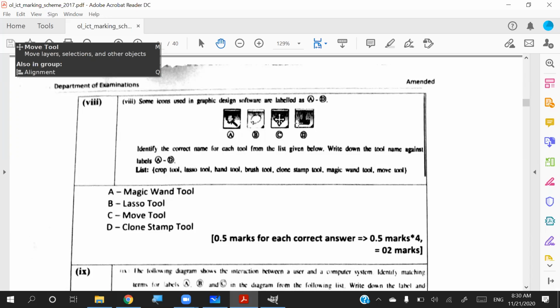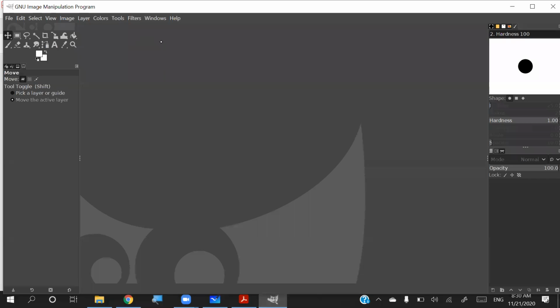So that is what we call the clone stamp tool. In GIMP, I remember it's the very same way. It is the clone tool that they are talking about regarding that particular mark.